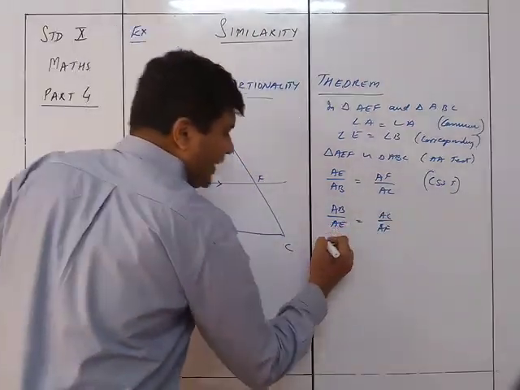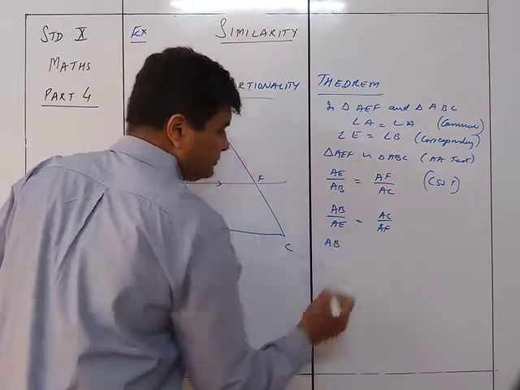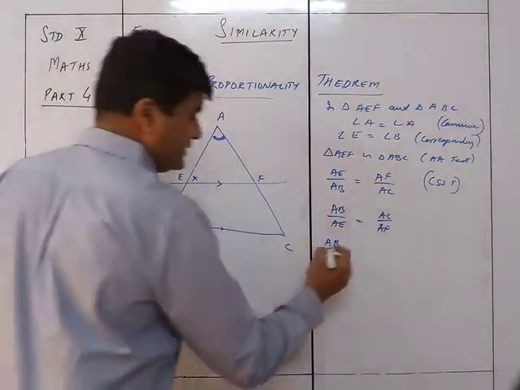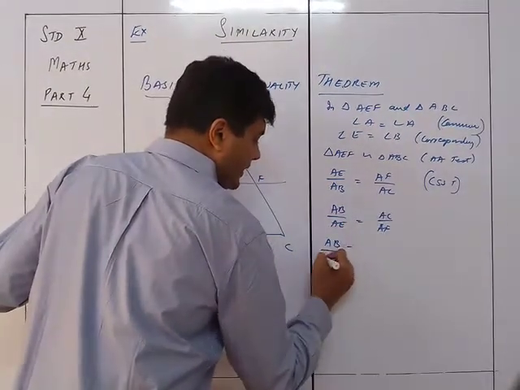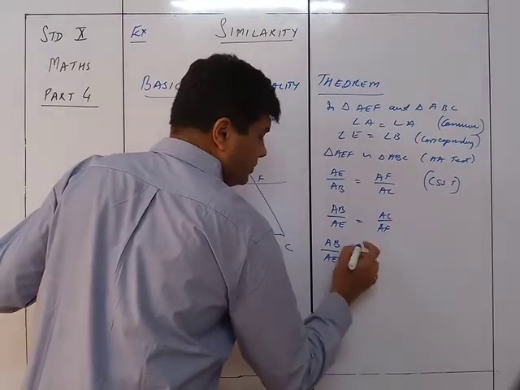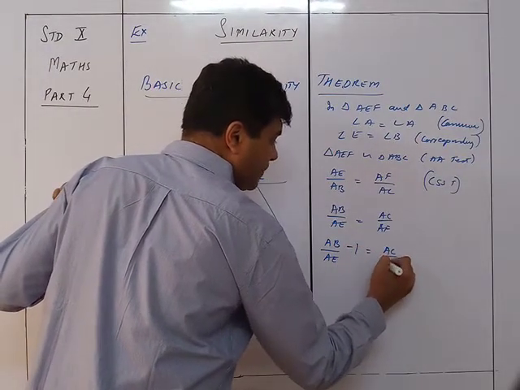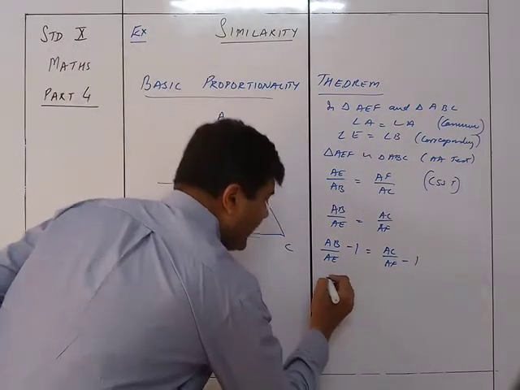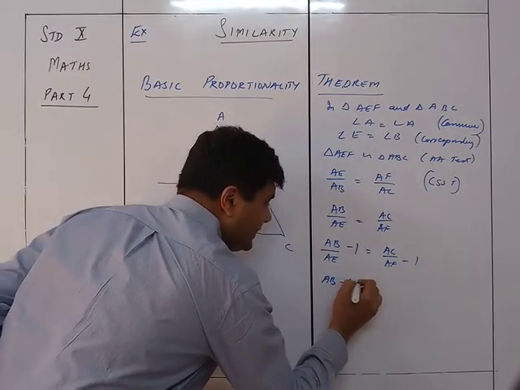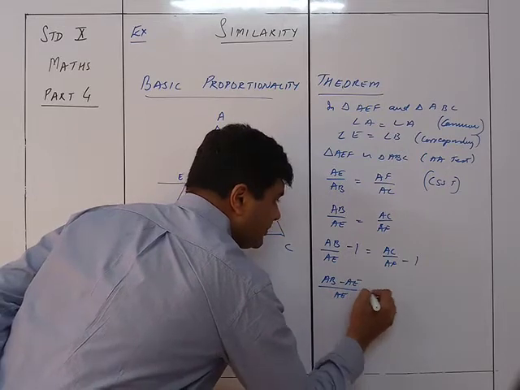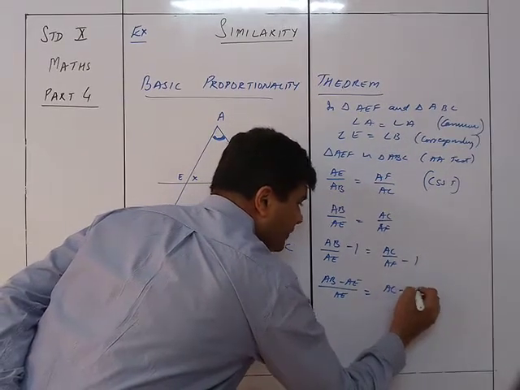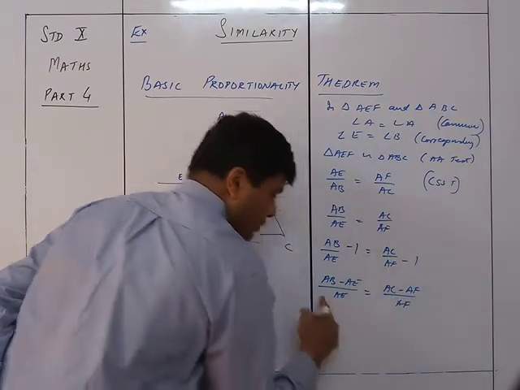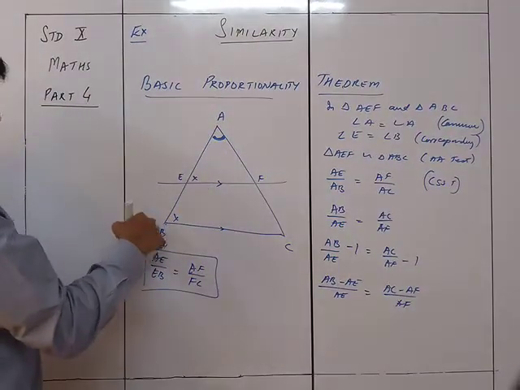Now if I subtract one from each side, AB upon AE minus 1 is equal to AC upon AF minus 1. So this will be AB minus AE upon AE is equal to AC minus AF upon AF. What is AB minus AE?